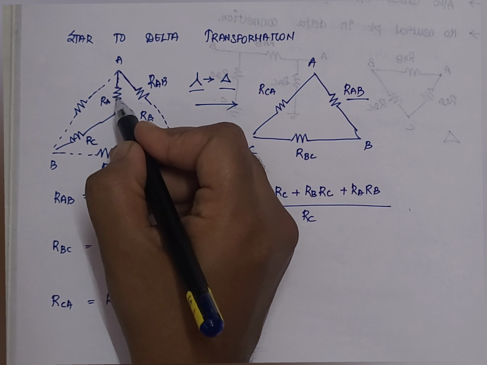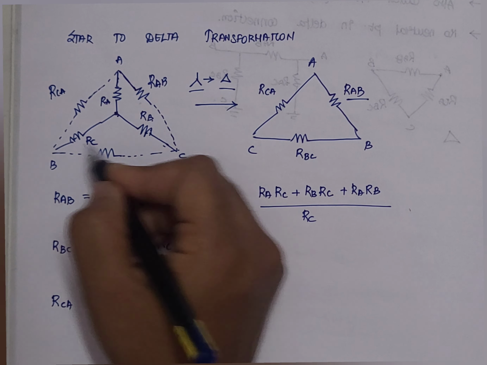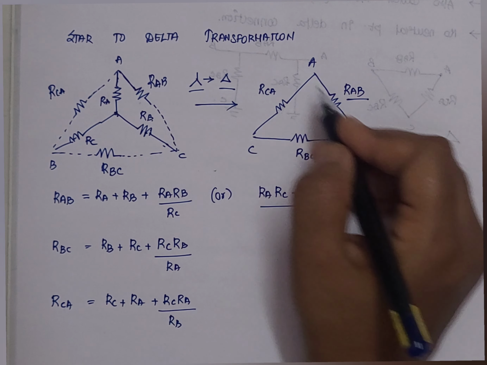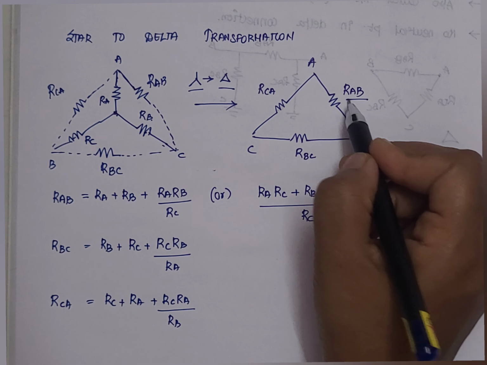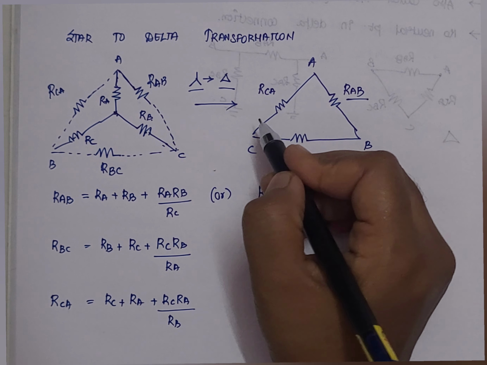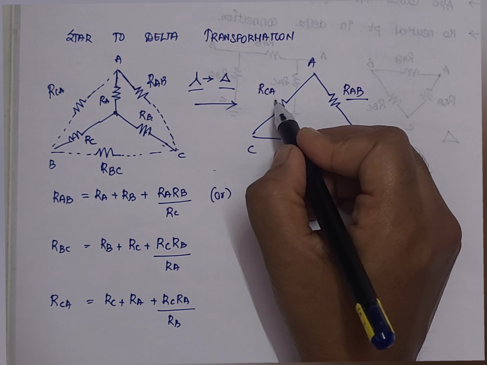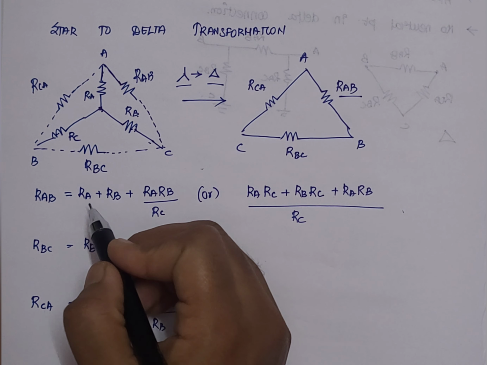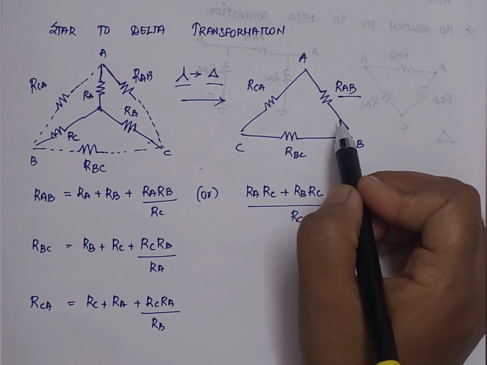And here RC and RA will be combined together to form RCA. So we will get this particular delta network with the equivalent values: RAB, RBC and RCA. Now we have to calculate the values of RAB, RBC and RCA. We know the values of RA, RB and RC, and we have to identify RAB, RBC and RCA.